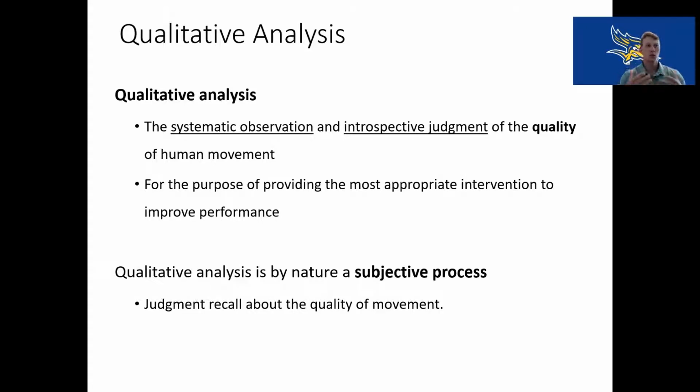So this is a subjective process where we judge movement based on quality. So how efficient the movement is, how smooth the movement is, how well that task is performed compared to what we would say is a criteria for the best standard that that task could be achieved.